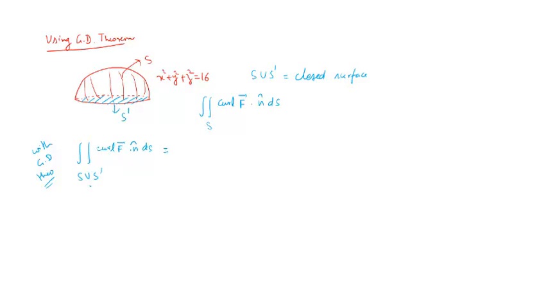Now if we break this surface integral into two parts, one with respect to S, curl f dot n ds, and the other one curl f dot n ds again over S dash, using Gauss Divergence theorem, it will be equal to divergence of V. Actually, this V is here curl F.